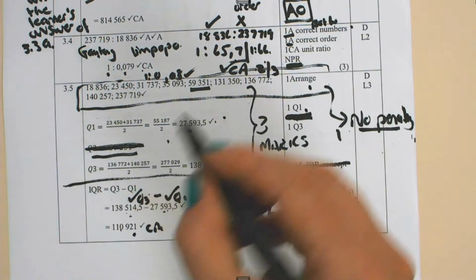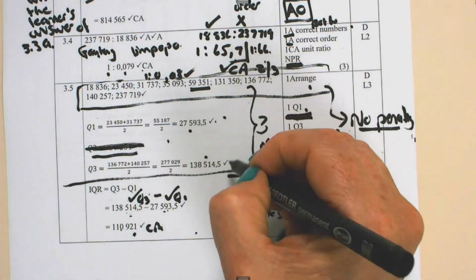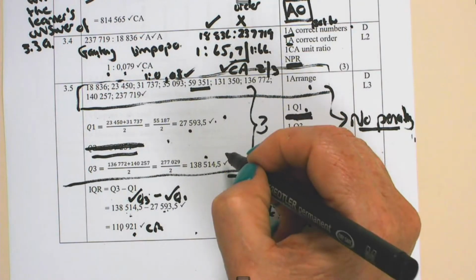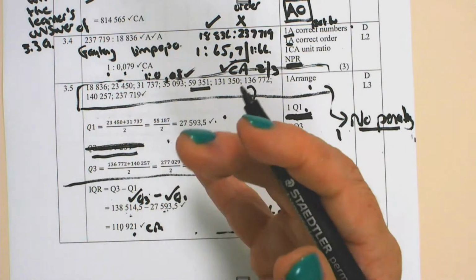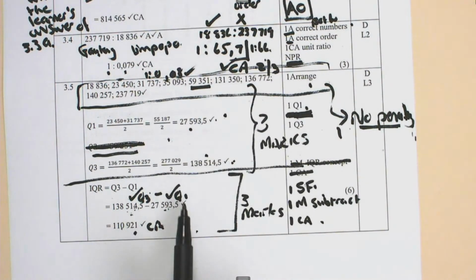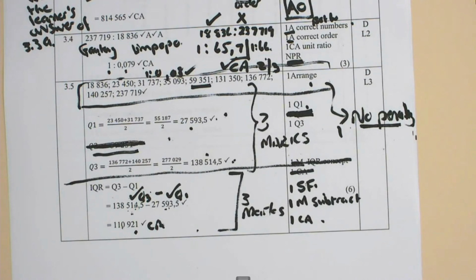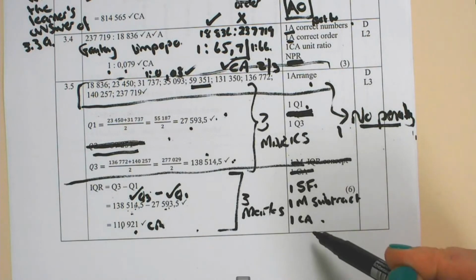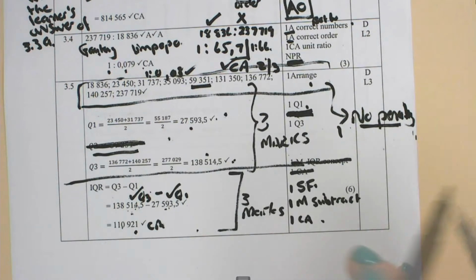So please take note, if the learners show you where they get Q1, where they get Q3, and they subtract Q3 and Q1 and give you the CA finally, then you can still give the SF mark, the subtract mark, and the CA mark.